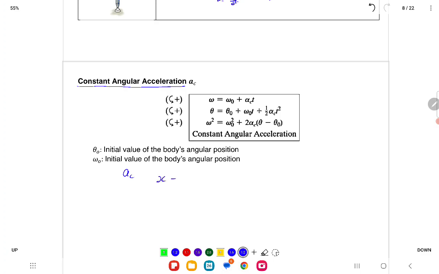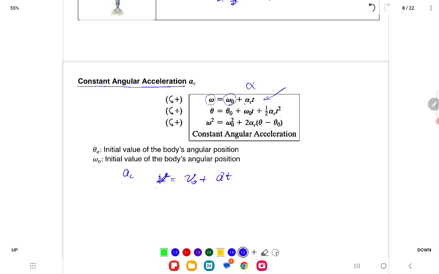We say velocity is equal to initial velocity plus acceleration times time. That's what we learned in rectilinear motion. The same thing here. You have the angular velocity equal to the initial angular velocity plus acceleration, that's why we write acceleration as alpha, but in rectilinear motion we write just a, lowercase a, times t, the same thing.